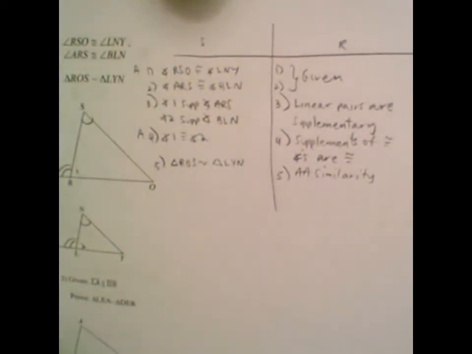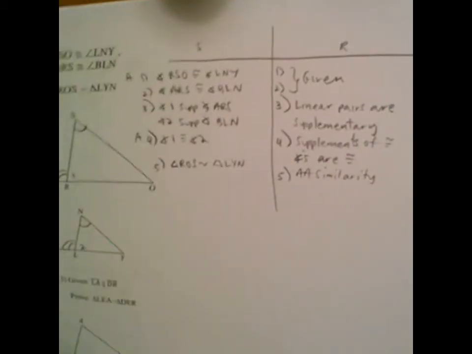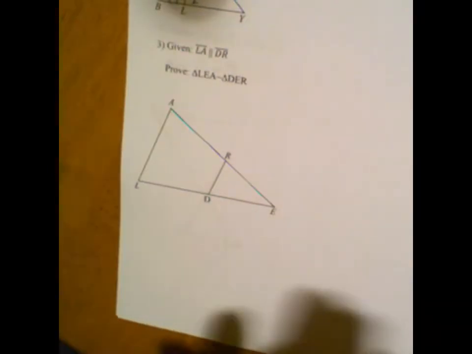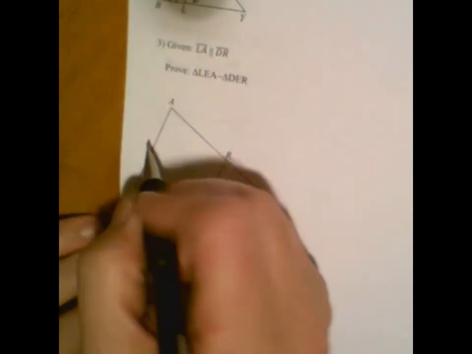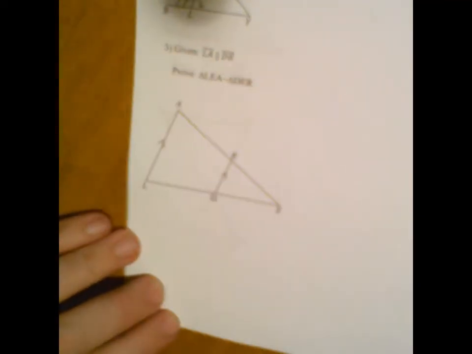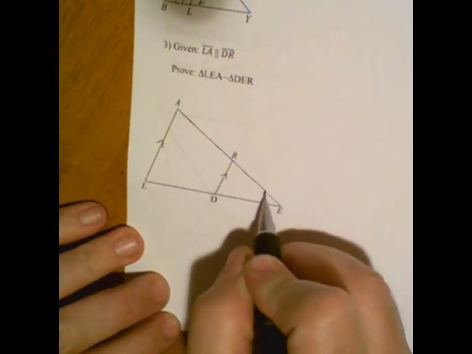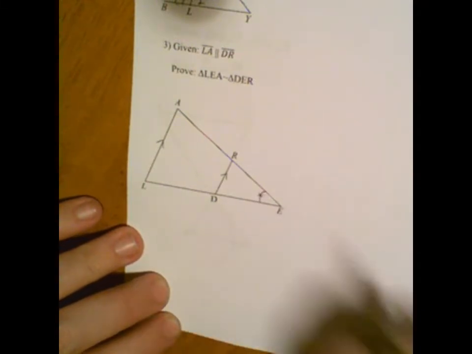Now, without doing number 3, I'm not going to go through it. I'll just talk about it for a second. LA is parallel to DR. Okay, so now, and this angle here, angle E, is congruent to itself.